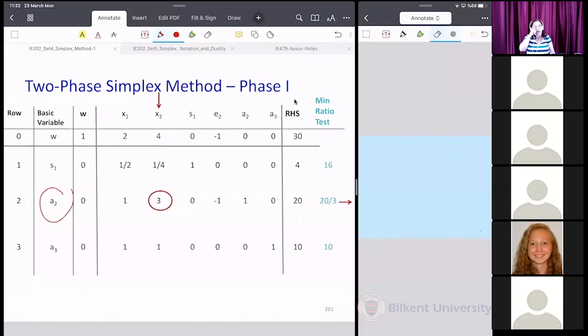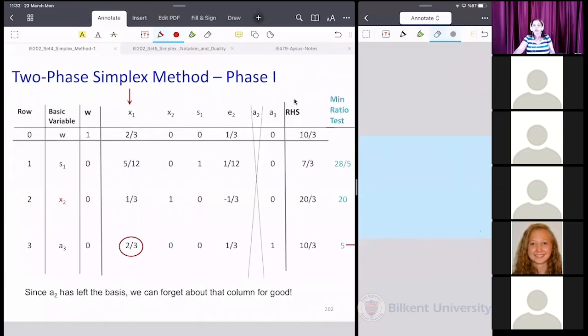Now I have to do elementary row operations so that I get a 0, 0, 1, 0 in here. That was the simplex iteration. Now A2 is out of the basis, so I can get rid of it. I don't need to update its column, so my life is easier. Now the most positive is x1.